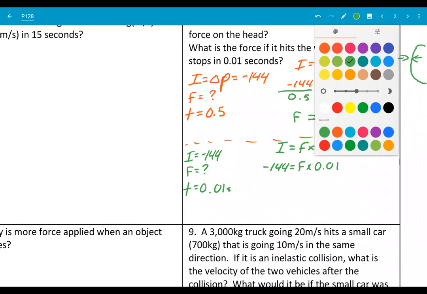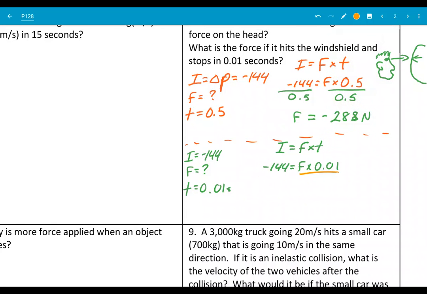Okay, and just like before, we want to be very careful. Make sure you're dividing the right numbers. 0.01. Let's cancel. Okay, and 144 divided by 0.01 is, if I'm not mistaken, negative 14,400 newtons.